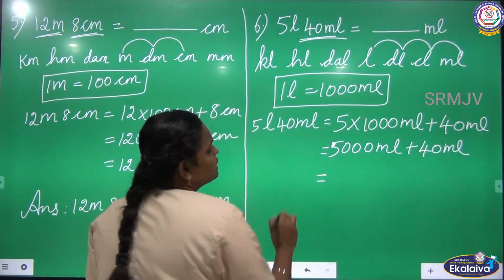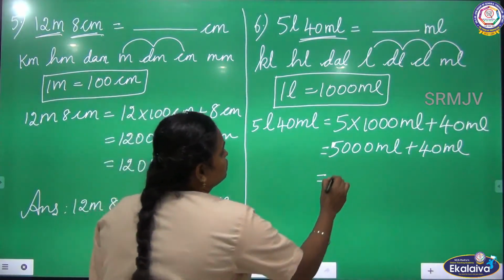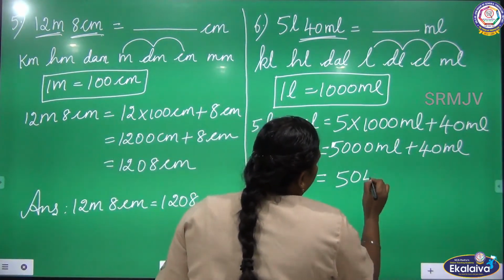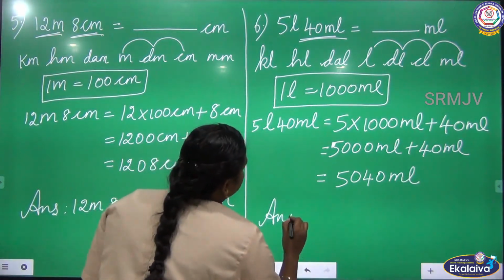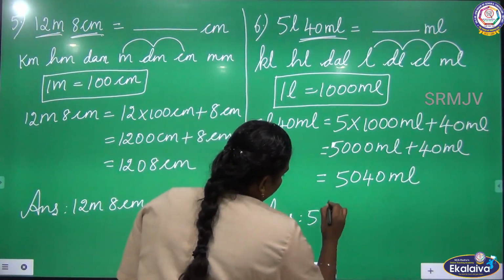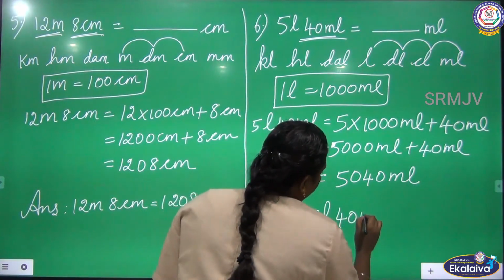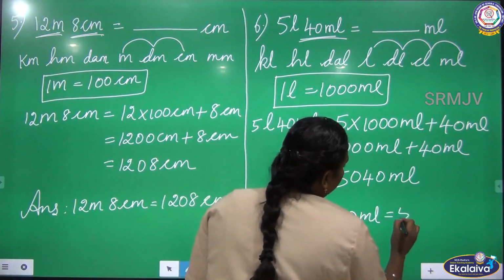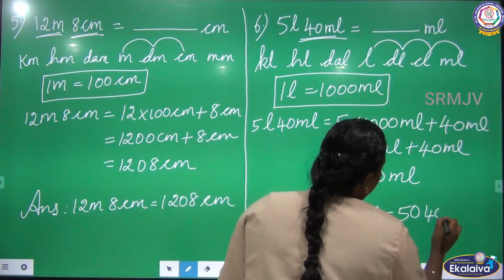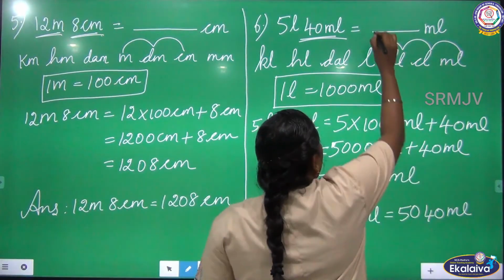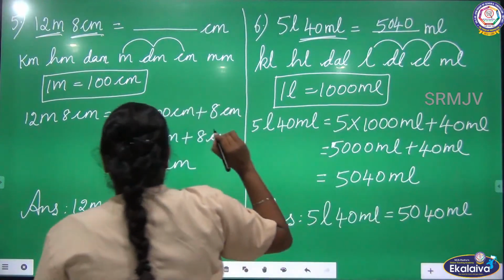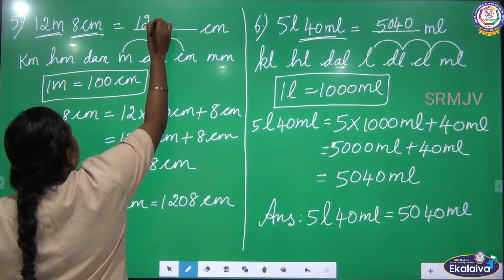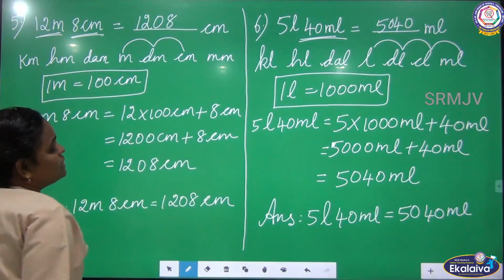So 5000 plus 40, 5040 milliliter. So the answer is 5 liter 40 milliliter equals 5040 milliliter.